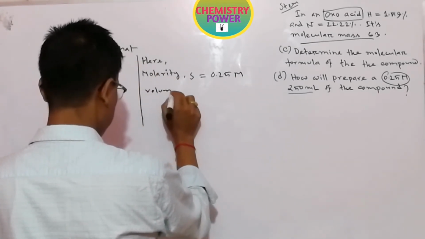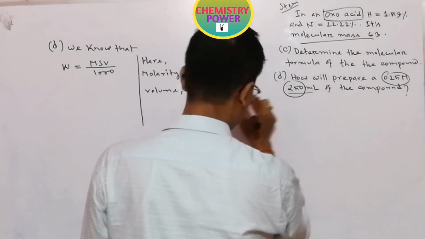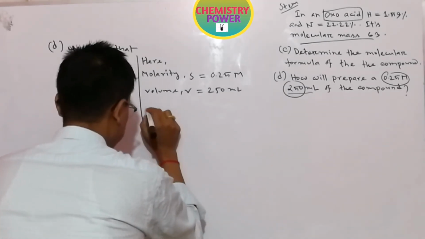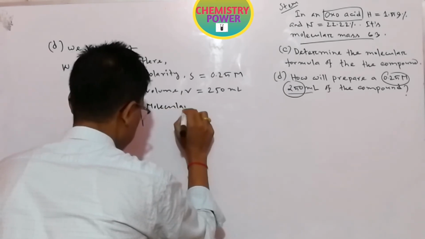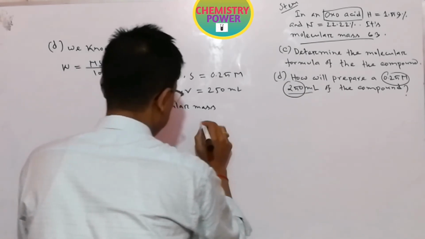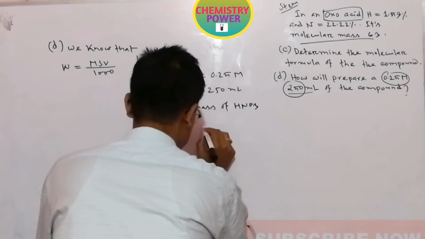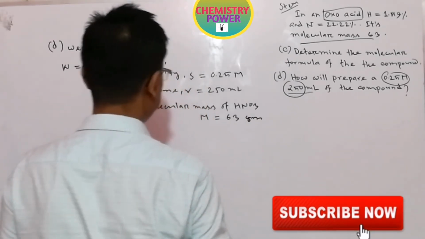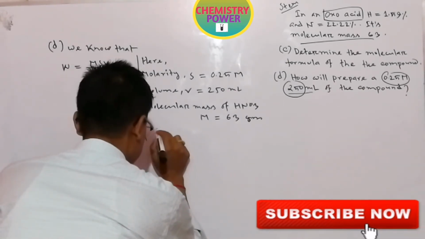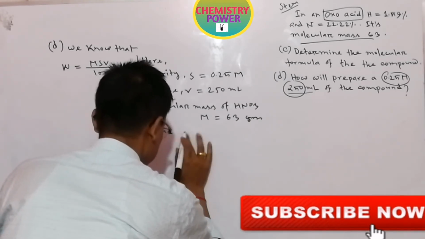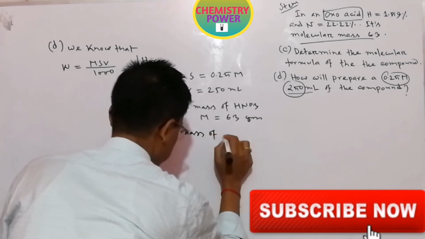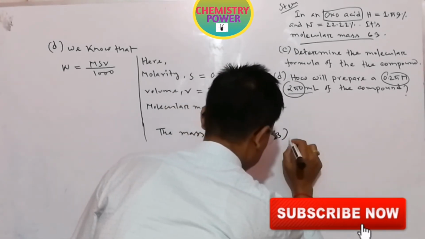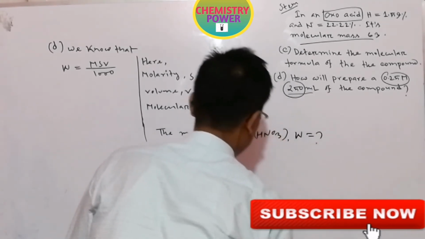Volume V equals 250 milliliter. Molecular mass of nitric acid, M equals 63 gram, and the mass of solute nitric acid, W, equals what?